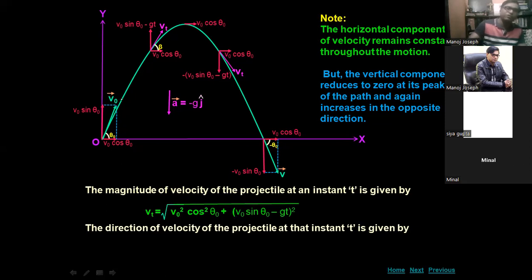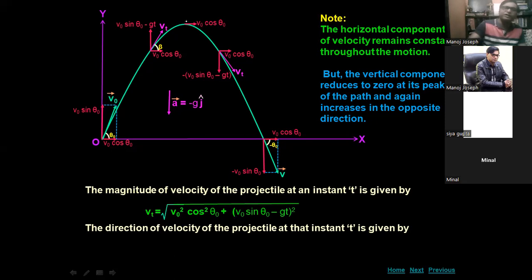But as the body approaches the highest point, or the maximum height, its vertical component decreases at every point as the body advances towards the peak. Its vertical component becomes zero at the maximum height.